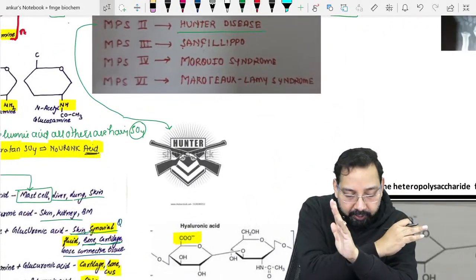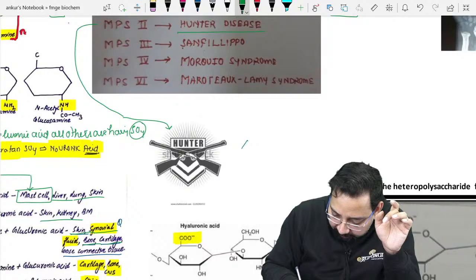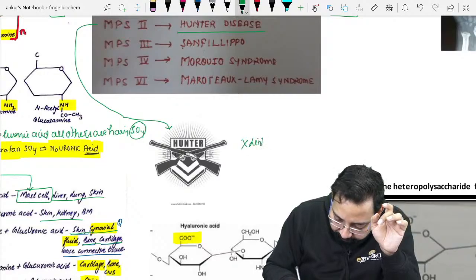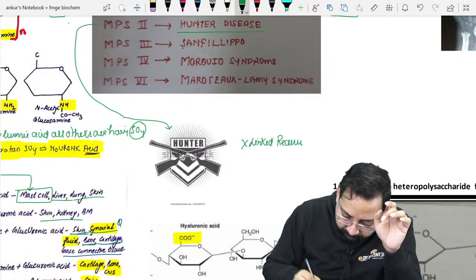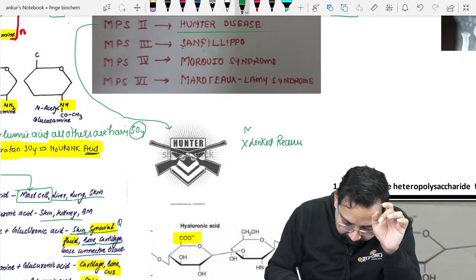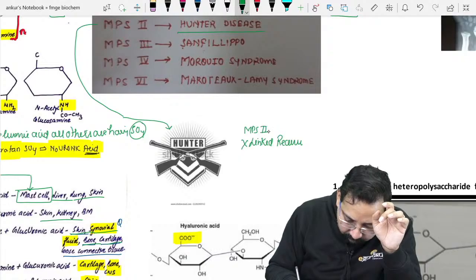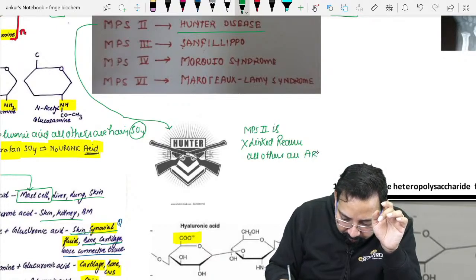These guns are crossed like this, so this is X-linked recessive. Hunter's disease, MPS type 2, is X-linked recessive. All others are autosomal recessive.